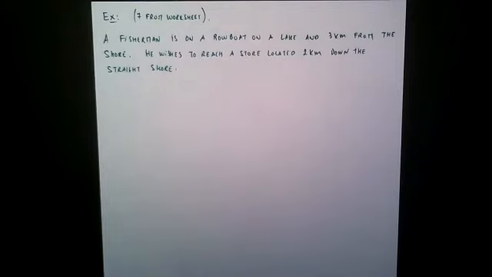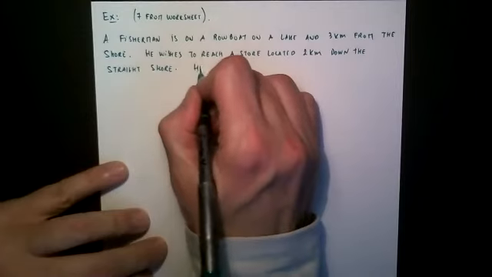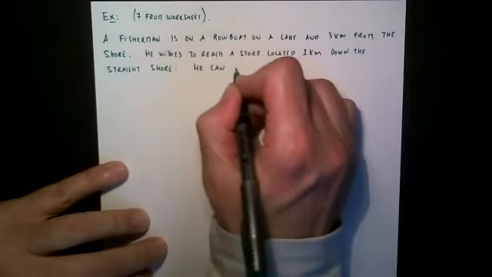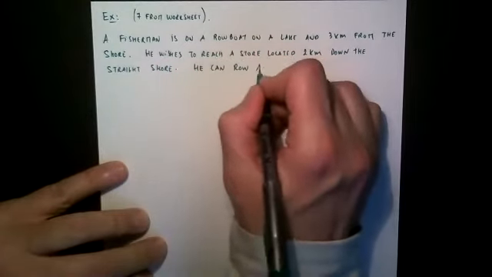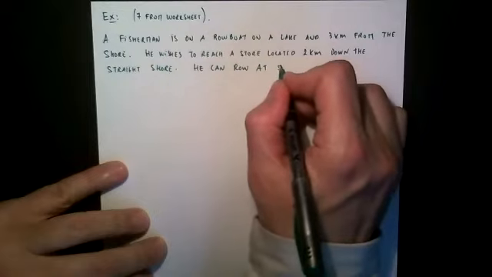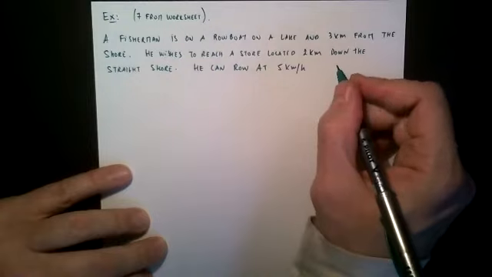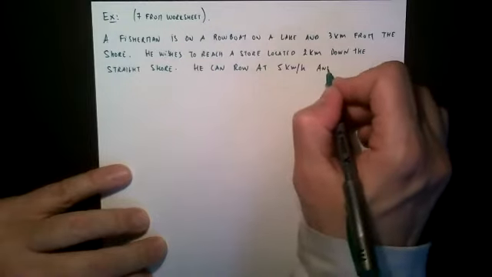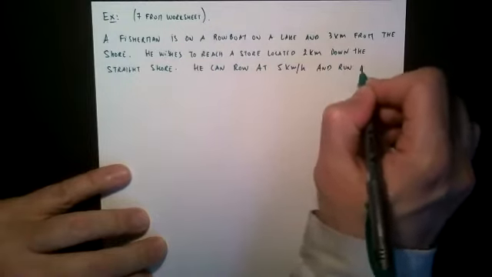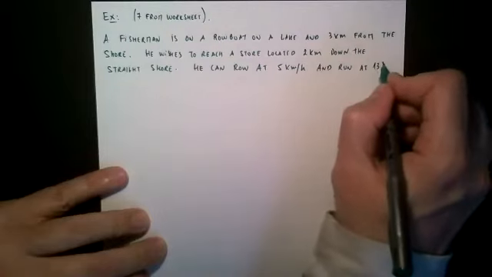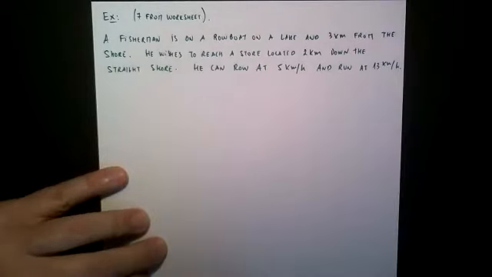Okay, so he can row at 5 kilometers per hour and run at 13 kilometers per hour.